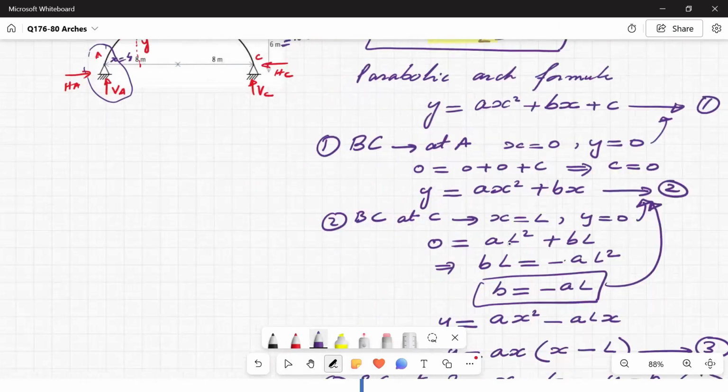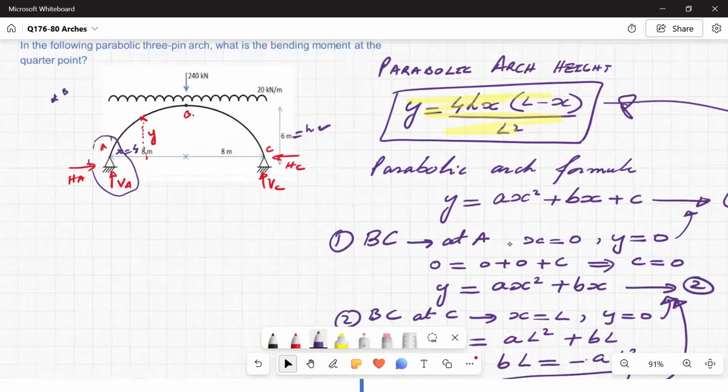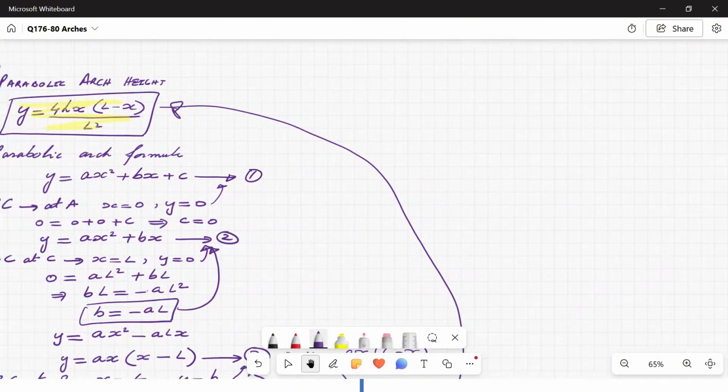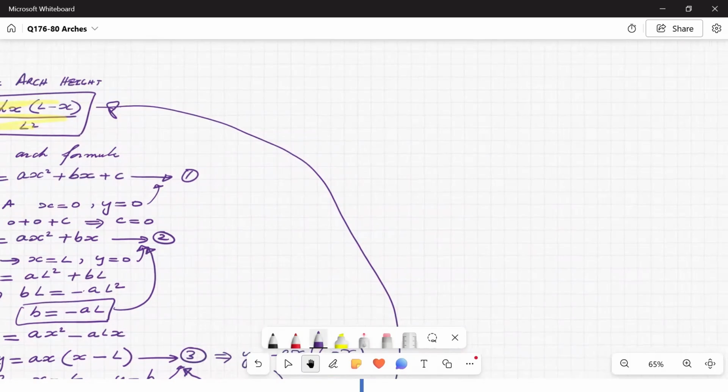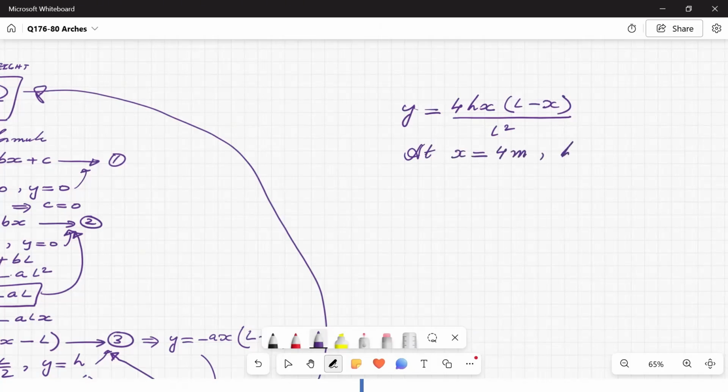So y at quarter distance, that is at x equals 4, will be equal to, using this formula, y is equal to 4hx(L minus x) divided by L square. So at x is equal to 4 meters, which is quarter. h is the total height of the arch, 6 meters, and L is 16 meters.